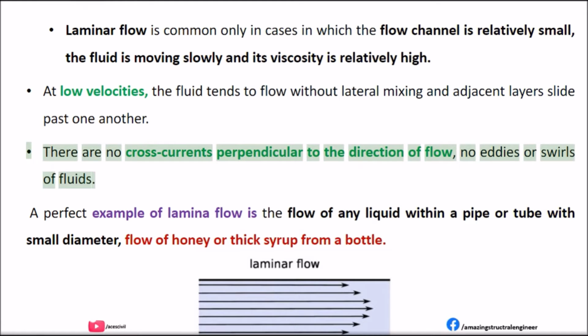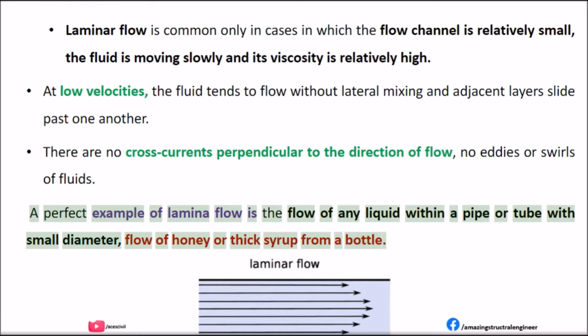There are no cross-currents perpendicular to the direction of flow, no eddies, or swirls of fluids. A perfect example of laminar flow is the flow of any liquid within a pipe or tube with small diameter, flow of honey or thick syrup from a bottle.